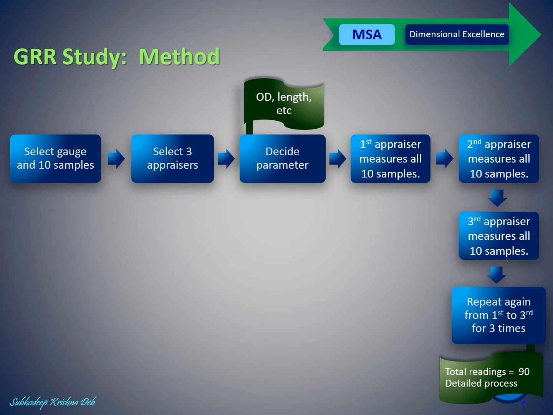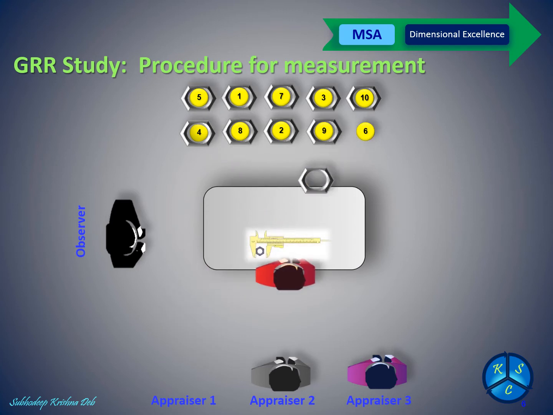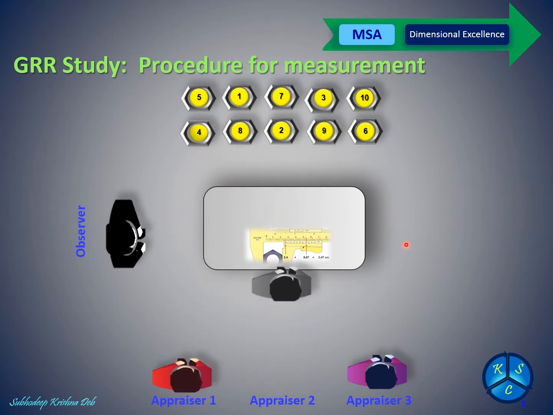Now let us see what is the detailed process. We'll see through an animation. Now herein we see there are 3 appraisers and there are 10 samples. These are appraiser 1, appraiser 2 and appraiser 3. So appraiser 1 does the measurement of the 10 samples, comes back, and appraiser 2 then does the measurement of the 10 samples.